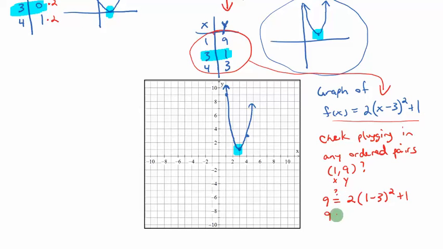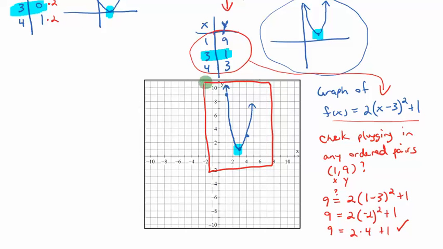So let's see. So I get 9 equals 2 times 1 minus 3 is negative 2 squared plus 1. Negative 2 squared is 4, so I've got 2 times 4 plus 1. And 9 does equal 2 times 4 plus 1. So I'm pretty confident that this is the graph of this function.